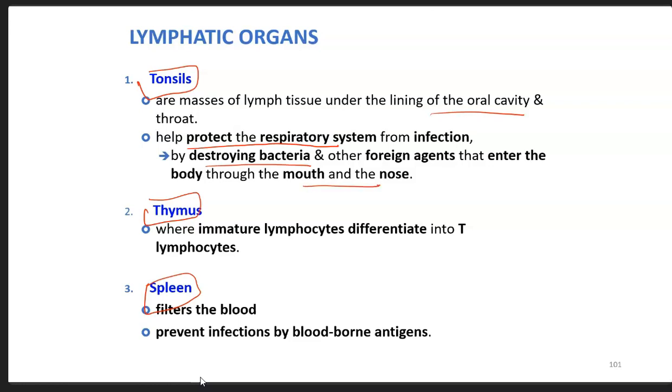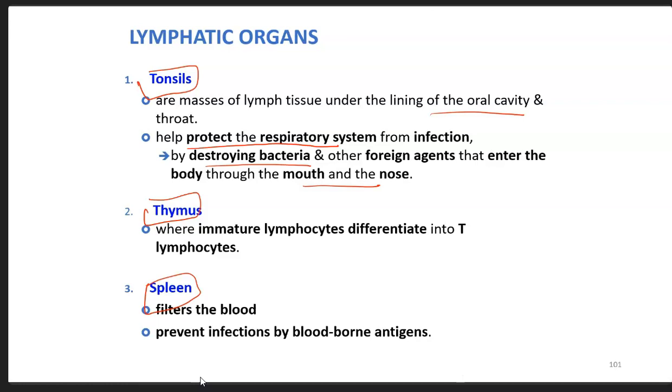As you breathe, or as you eat, whatever, right? The air outside is contaminated with virus, pollutant, and all that. So this will get filtered by the tonsil.